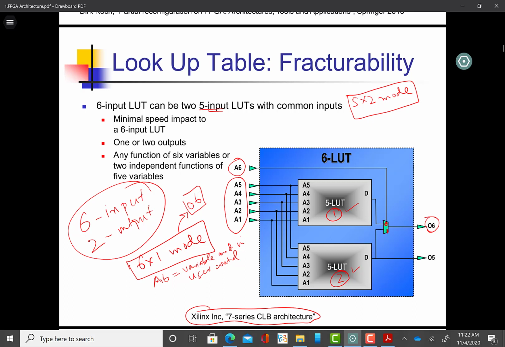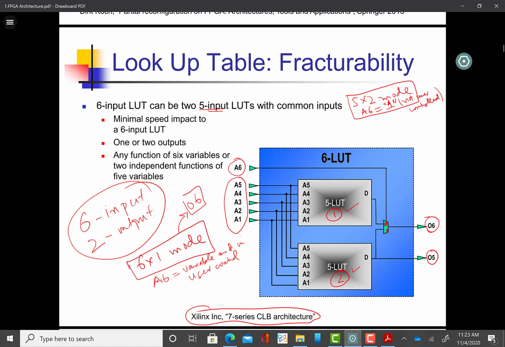In that case, the constraint is that A6 is permanently constant and held to 1, and importantly, it is not user controlled. It is controlled through the configuration bit stream. So in that case, A6 is permanently 1 and both O6 and O5 outputs are active.